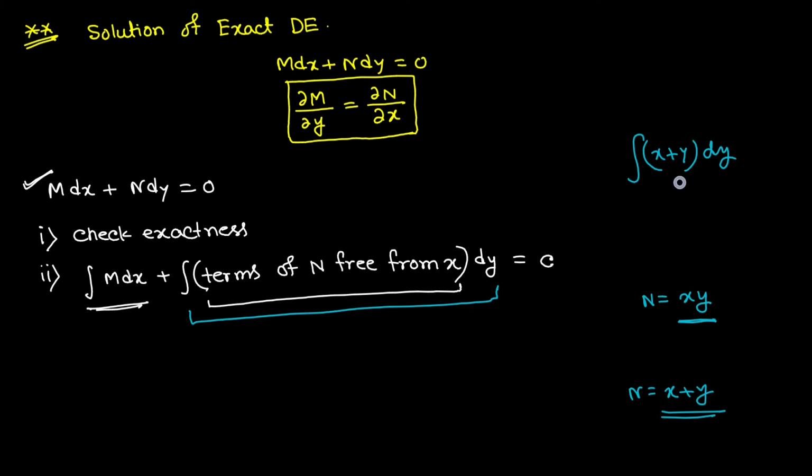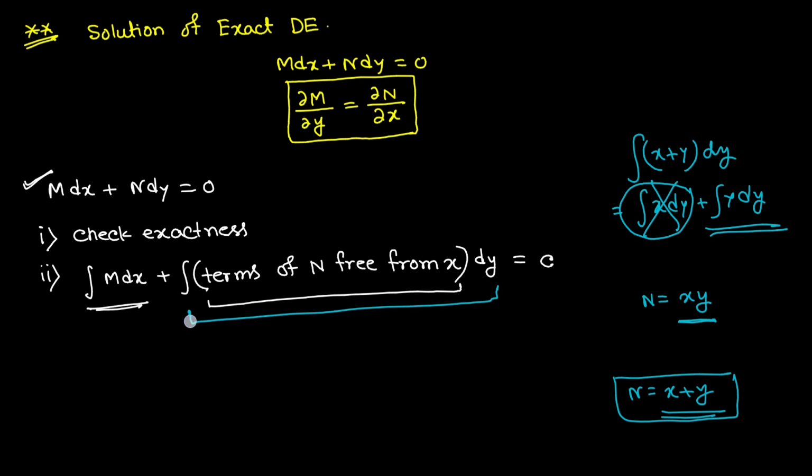So x plus y dy, this is equal to integration x dy plus integration y dy. Its condition is terms of n free from x, so you cannot take the x variable, so you have to neglect this portion, only you have to take this part. So if n is equals to x plus y, in this place you have to write just integration y dy.